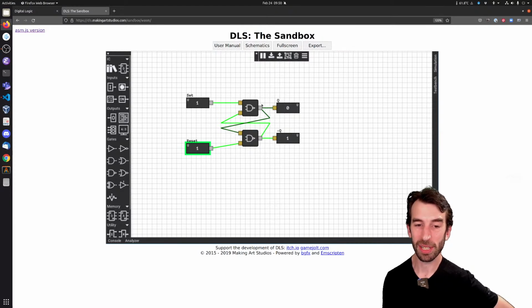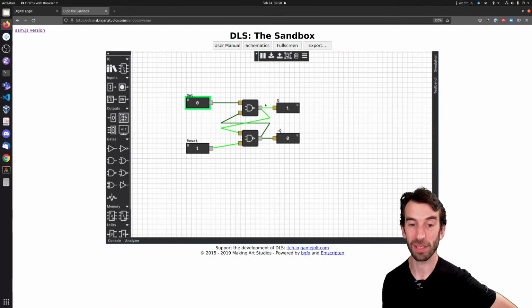So this is the only state where it's not active: 1 input, 0 output. So if I turn that to a 0, no matter what else is coming into the other leg, the output here is 1. So that's 0, that means that the output's 1, that means that this Q output is going to be set to 1.